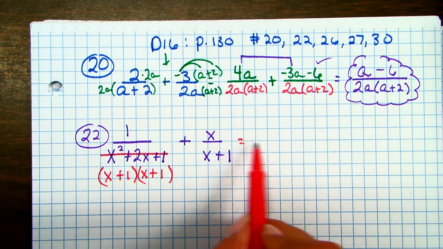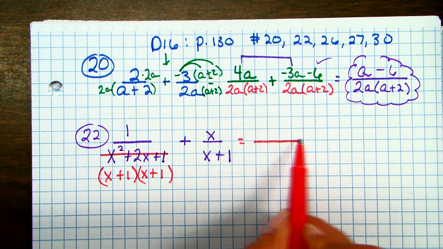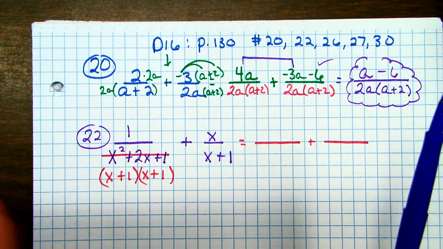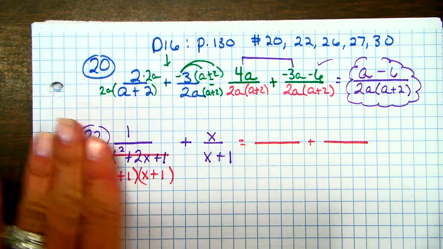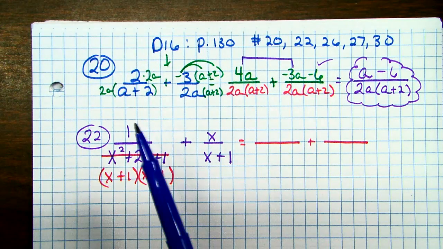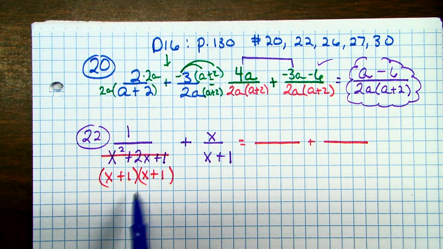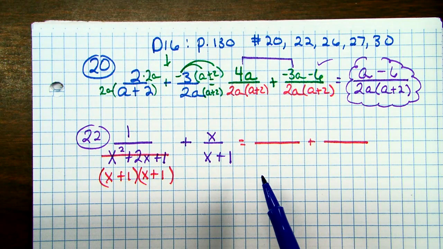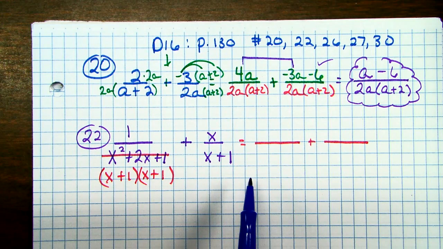Okay, so now we're going to make our common denominator. Probably the hardest part right here, deciding what it's going to be. So you go fraction by fraction, and it doesn't matter which one of your two original fractions you start with. And we don't have any monomials here. Everything's got a plus in it, so it doesn't matter which one we do. Okay, so this one we haven't seen one like this. Notice they're all x plus 1s, right?